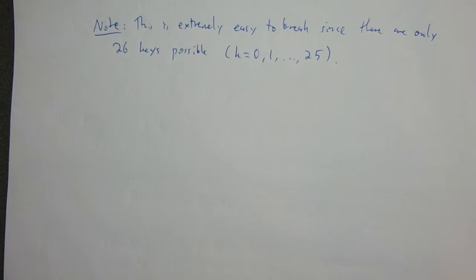Right, those are the only options. Well, what that means is that since there's only 26 keys, someone who intercepted your ciphertext could just try all 26 of them, right? You just try all of them until you get something that's intelligible, and you assume that's the message that was originally encrypted.